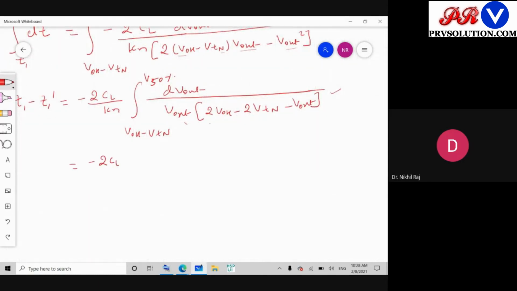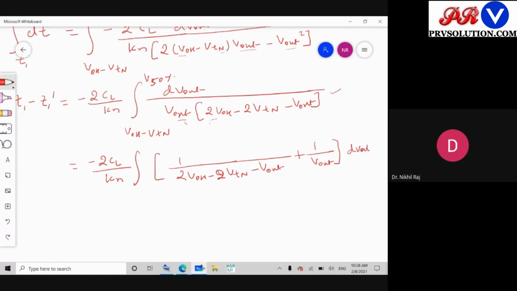So minus 2Cl by Kn, and the integration of, what I will write here, we have this and this, so adjust accordingly, that is 1 by 2 VOH minus 2 VTN minus V out, and plus 1 by V out. So we'll get here dV out.